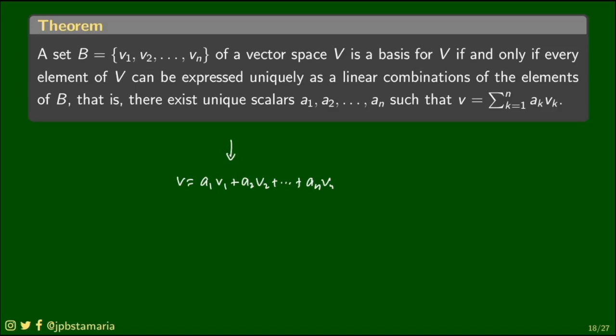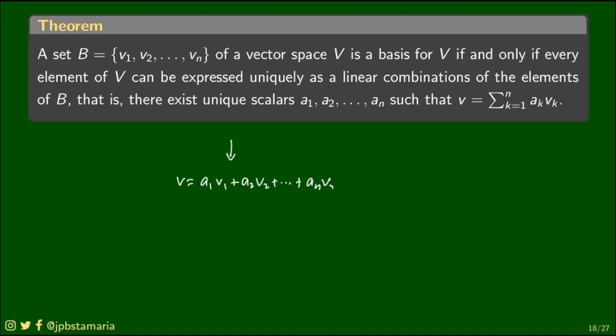So when you have a given vector v in the space, it is always possible to write v as a combination of v1 up to vn. The thing here is because B is a basis, there is only one way to write v this way. There's only one set of scalars that expresses v as a combination of the vj's. Did you understand the theorem?